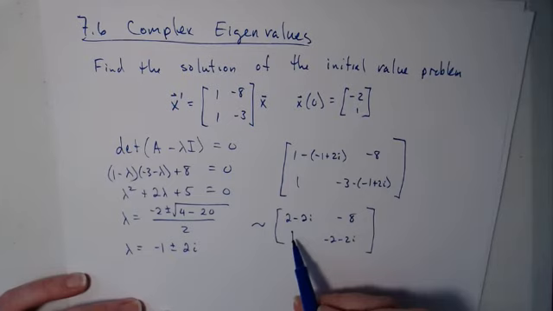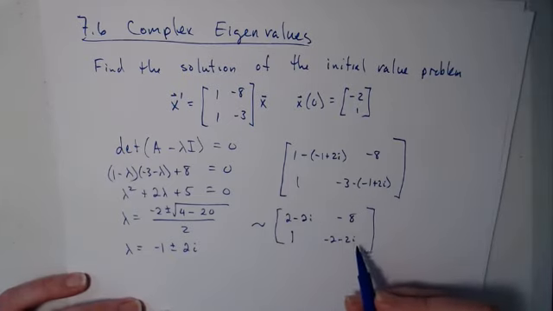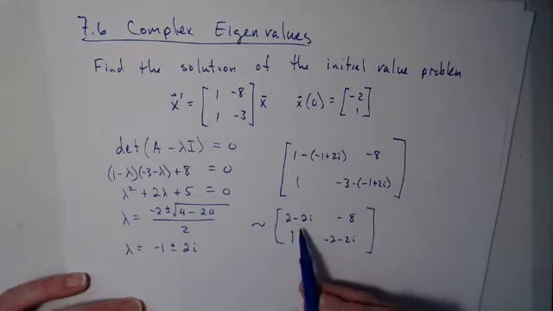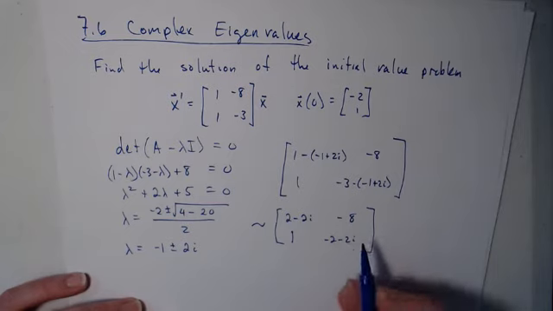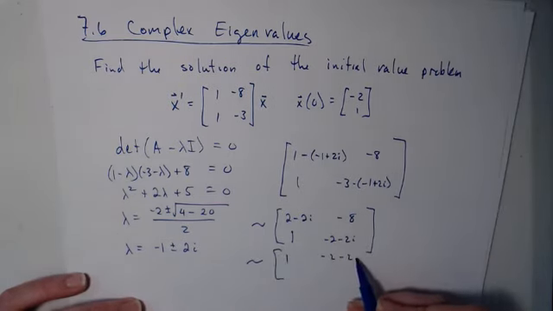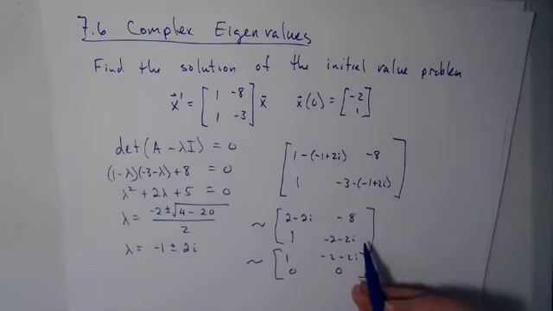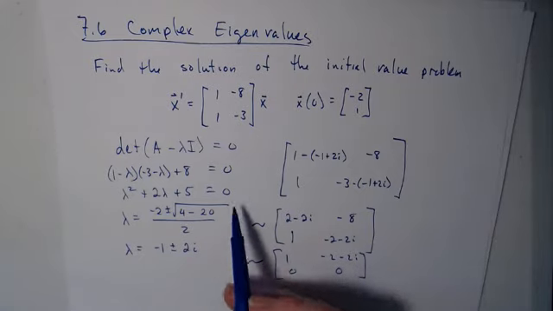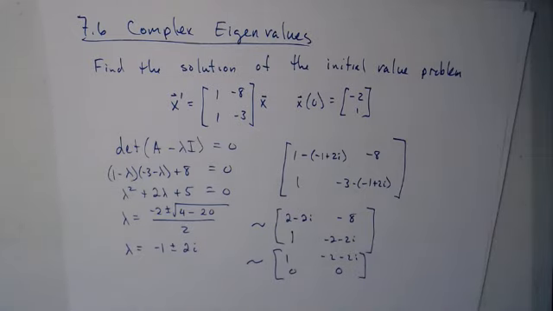We know these rows are going to be dependent, so either one of these rows can be zeroed out. If I take 2 minus 2i times row 2, it'll be equal to row 1. So this will row reduce to 1, negative 2 minus 2i, and just take the other row as zeros. In other words, you can pick either row you like better, and you know the other row is going to row reduce to zeros. You don't have to do the row reduction. That's why we did the determinant set equal to 0, to save us that trouble.